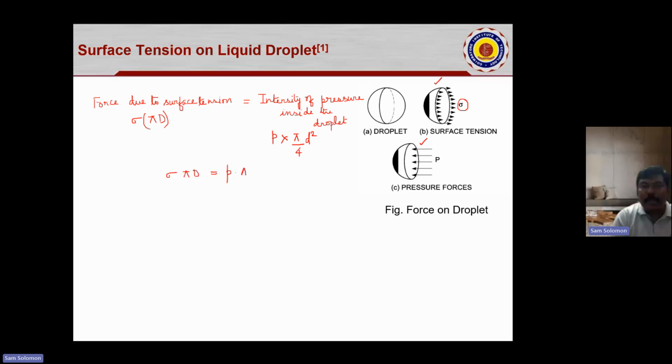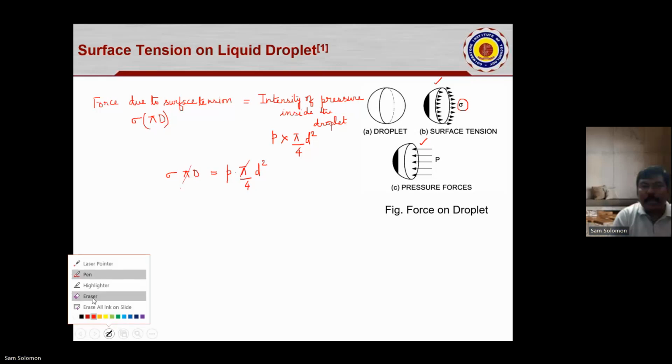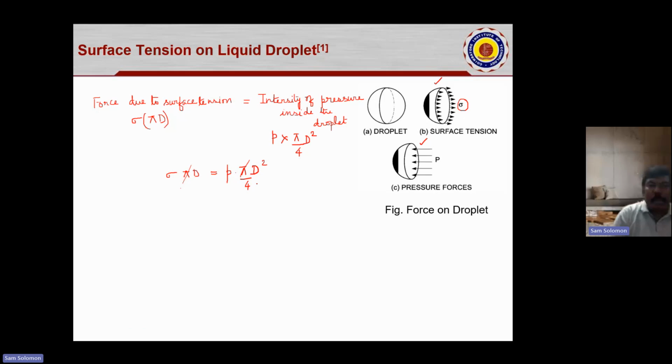Okay, and if I cancel out this pi and this pi, and to be consistent with the notation for the diameter, let's use capital D here as well, so that there is no confusion, because the diameter of the droplet is going to be capital D.